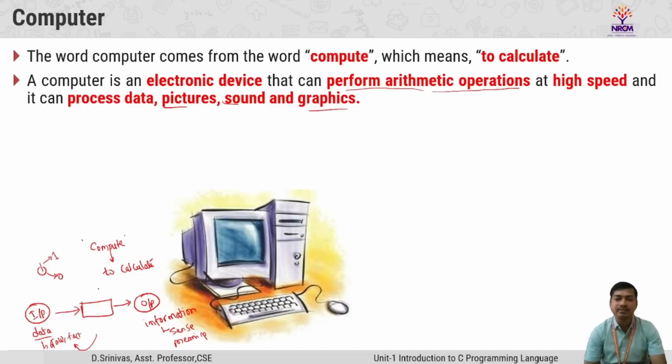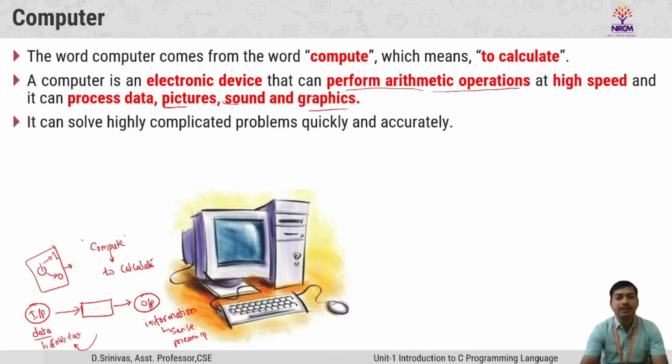To represent those states, we use zeros and ones. So any electronic device that has this kind of symbol can understand only zeros and ones. A computer is also a machine that understands only zeros and ones.